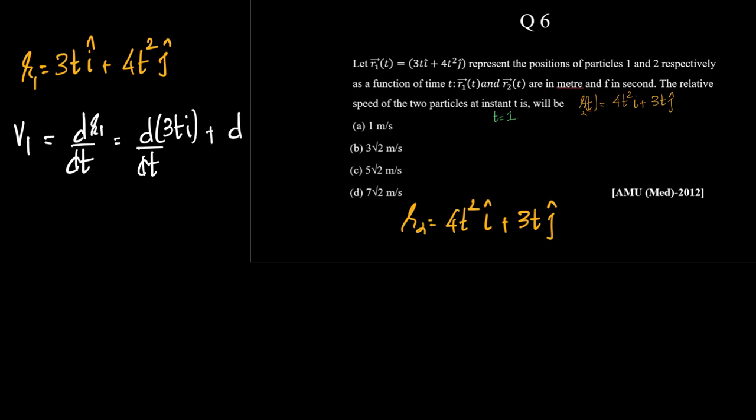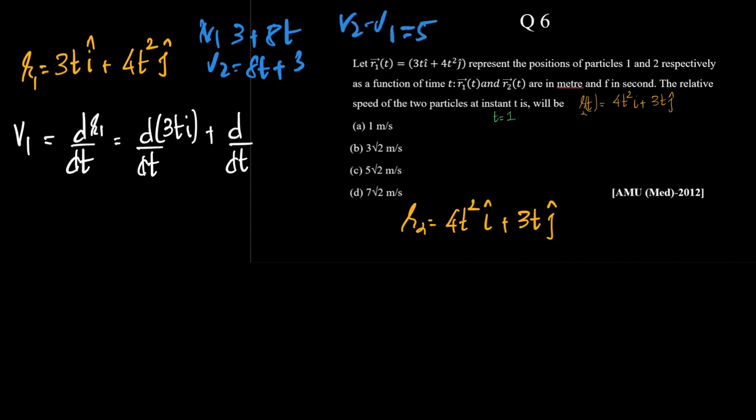3ti plus d by dt of 4t square j. See, if you do it quickly, it goes like this: 3 plus 8t is V1, and V2 will be 8t plus 3, right? So what is V2 minus V1?